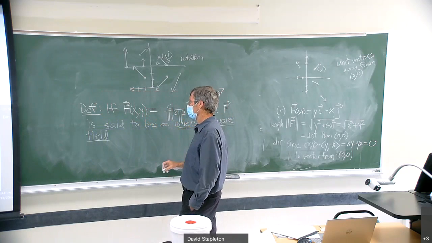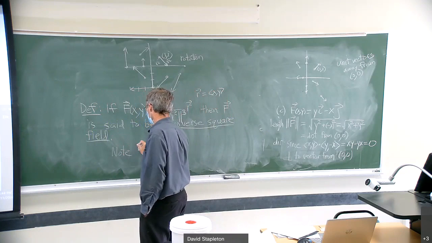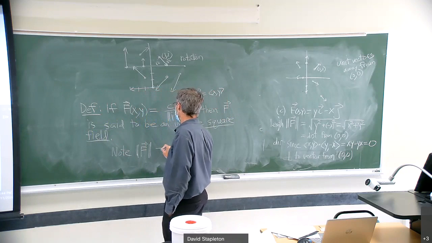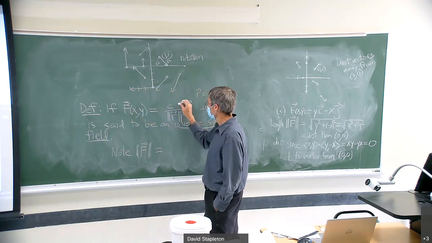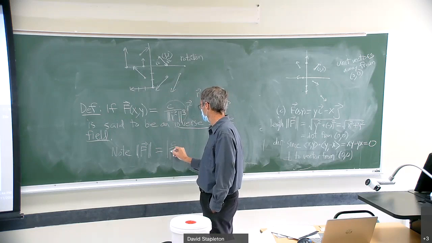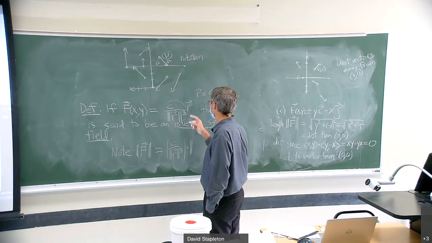The reason being that the length of F is what? Right, this is just a number. So remember, the length of a vector is the absolute value of the number times the length of the vector that multiplies it, which is just r.